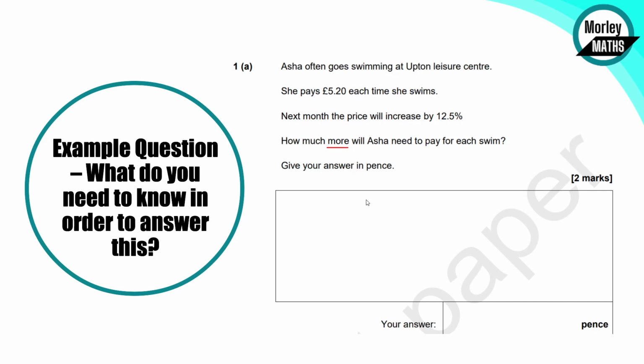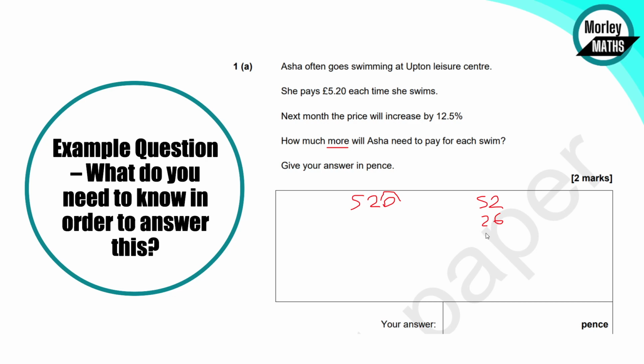So how much more? So we're not finding the new price, we're just looking at how much more it's going to be. So what we can do is just write the £5.20 in pence format. So 520p. To find out 10% of that, jump that one decimal place over. So we know that 10% is going to be 52. We can halve that again to get 5%, which will be 26.